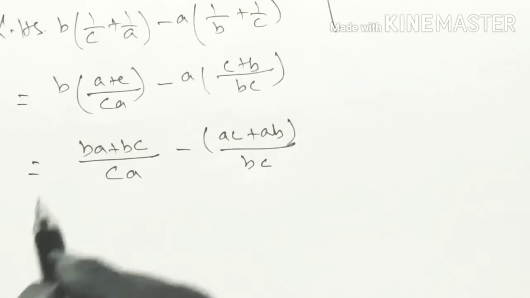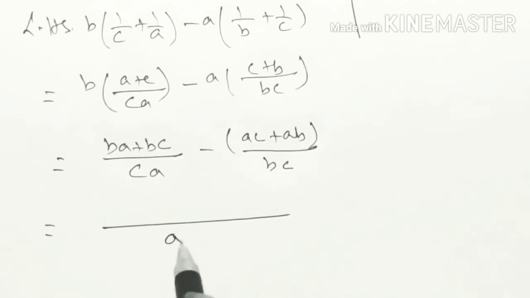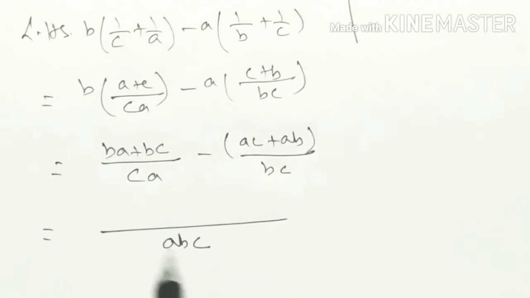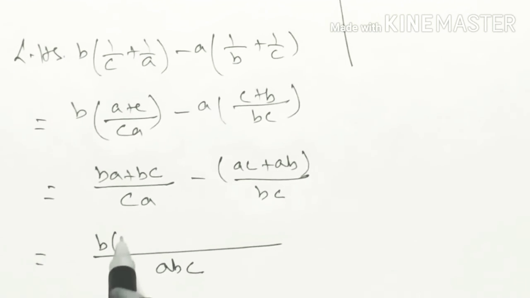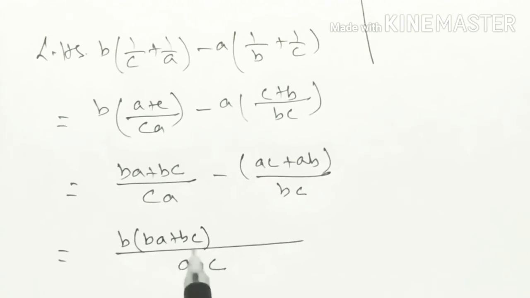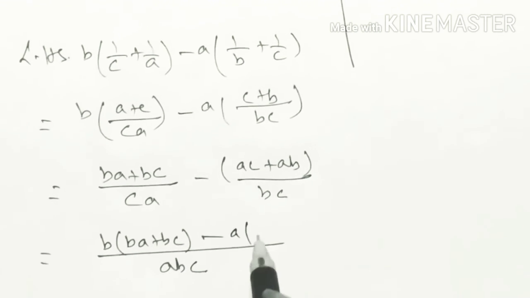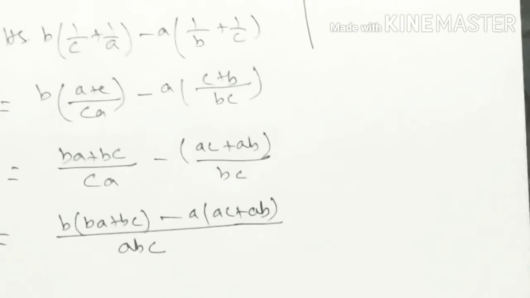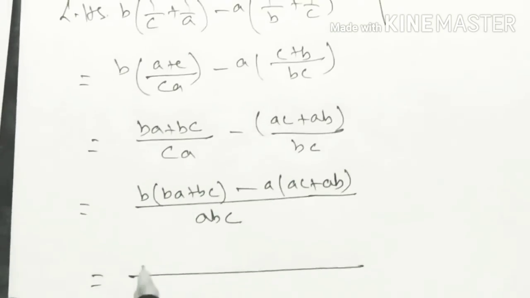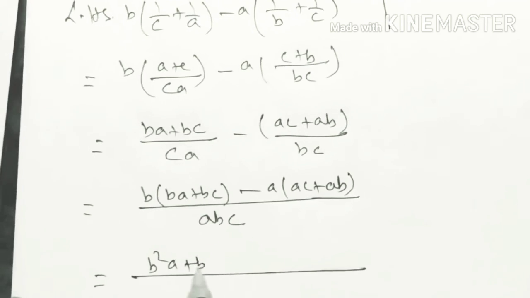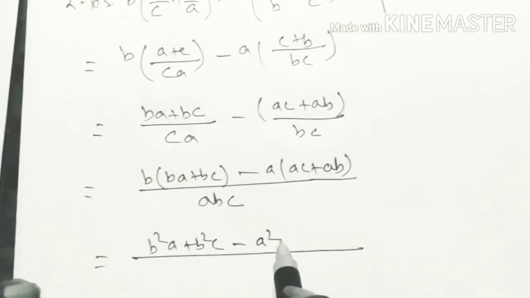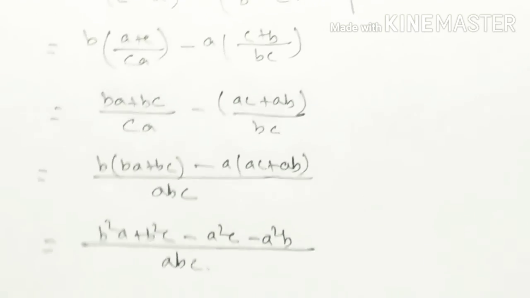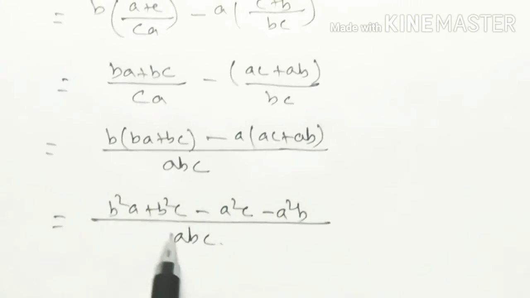Your LCM is ABC. So this is B bracket BA plus BC minus this is A bracket AC plus AB. Now you will open the bracket, that is B square A plus B square C minus A square C minus A square B, by ABC.